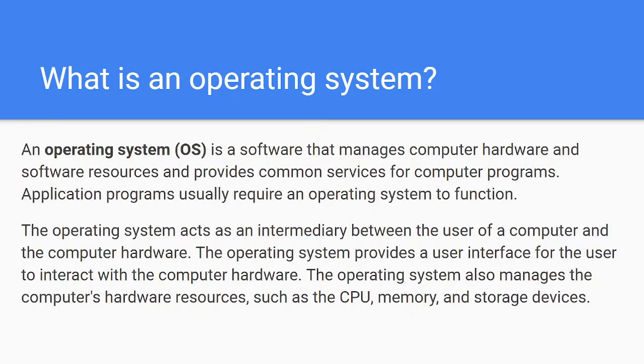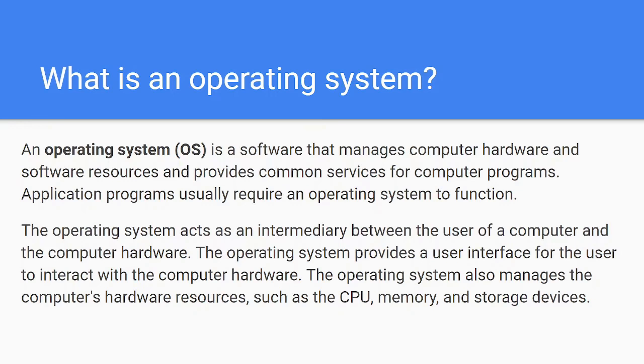So an operating system acts as an intermediary between the user of the computer and the computer hardware. Exactly. So the operating system is the middleman. Between the hardware, the hard disk, all those components on the motherboard, and then the CPU, the processors, the storage devices, the operating system acts as the middleman between those things and the actual user that wants to make use of the laptop.